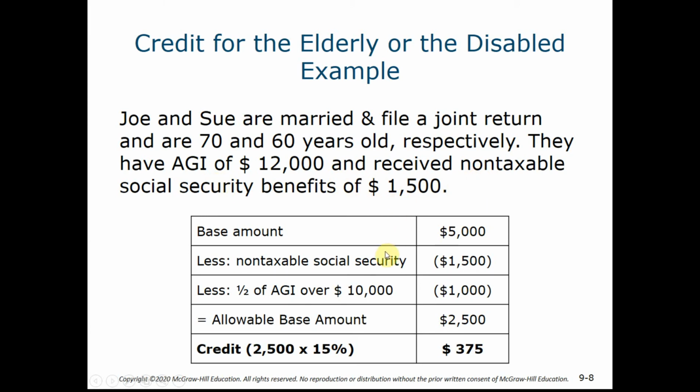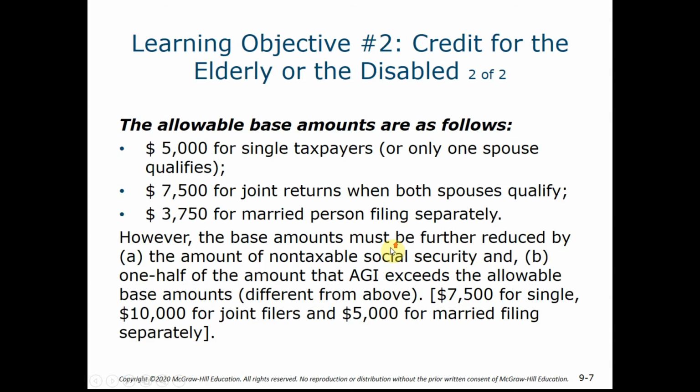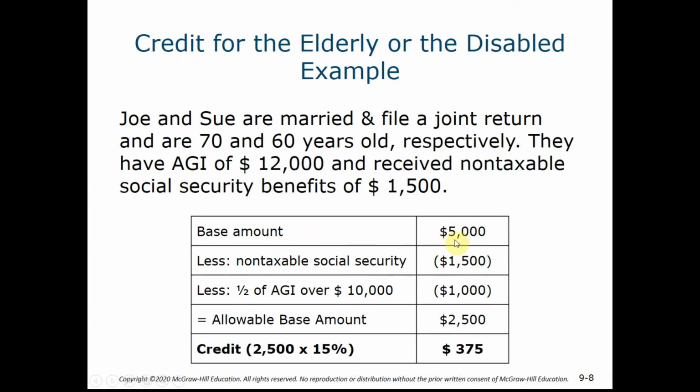So the base amount, as we said, is $5,000. That's for single taxpayers or when only one spouse qualifies, which is the case in our example. So that's our starting point. Now we're going to deduct from that the non-taxable Social Security of $1,500, which is given to us, and then half of the AGI over $10,000.